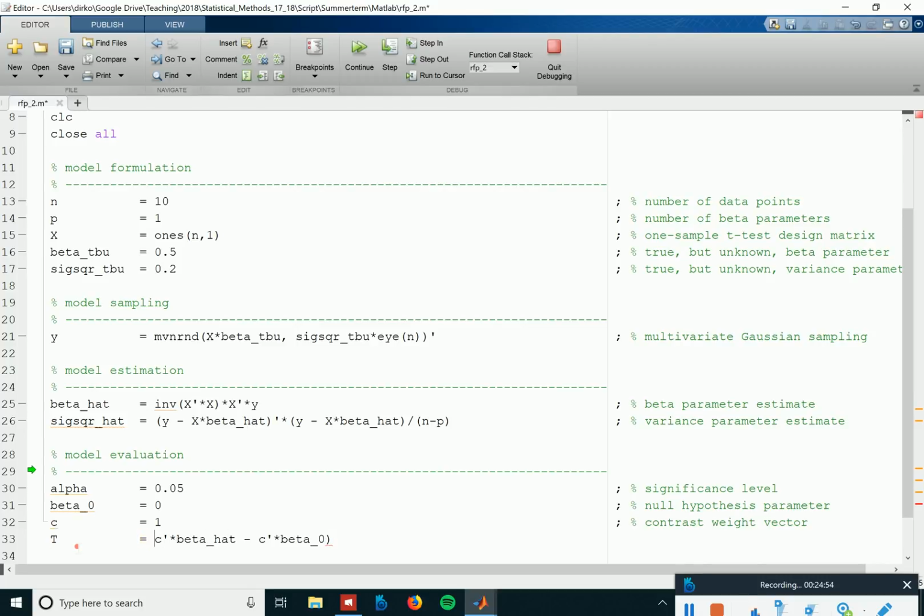And then we divide, as you said, by the square root. Again, we can put in our contrast weight vector, which doesn't do anything, sigma square hat, and multiply this by the inverse of x transpose x, and multiply this again by the contrast weight vector. So that would be the t-value.